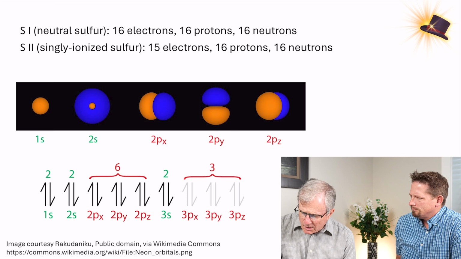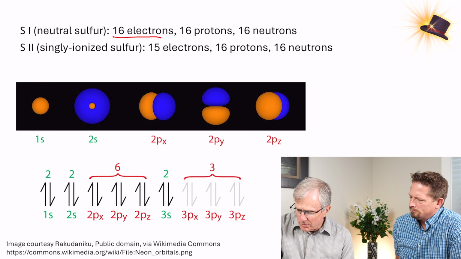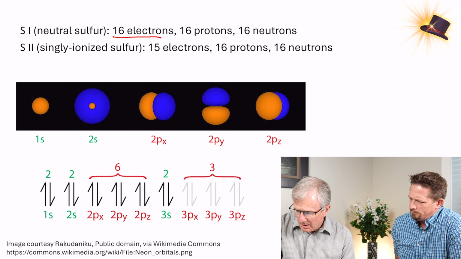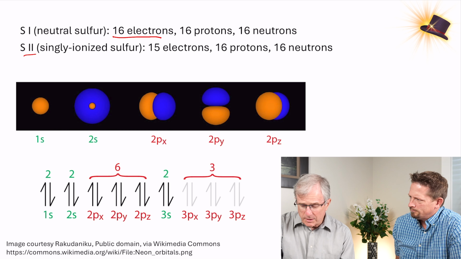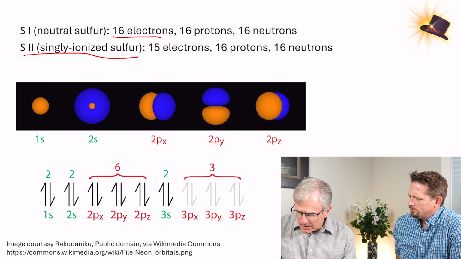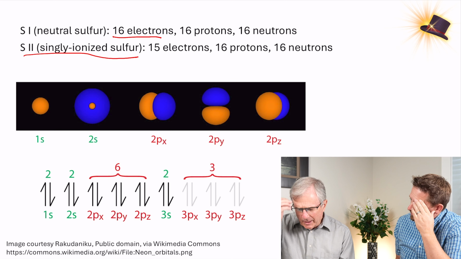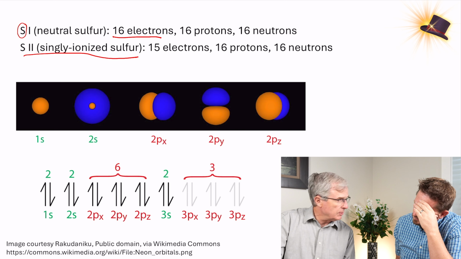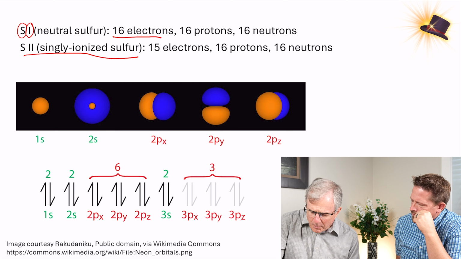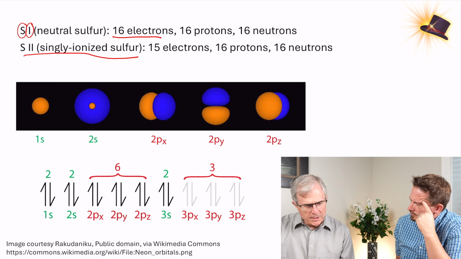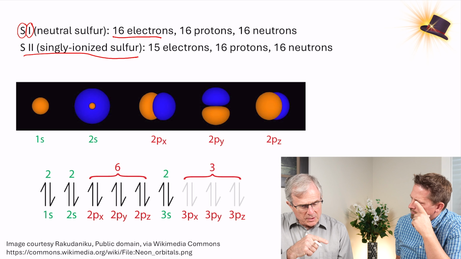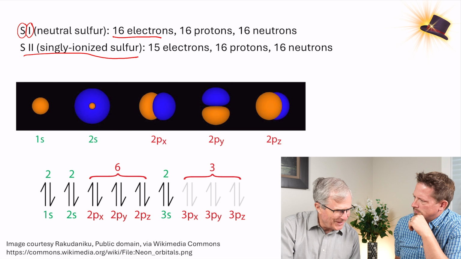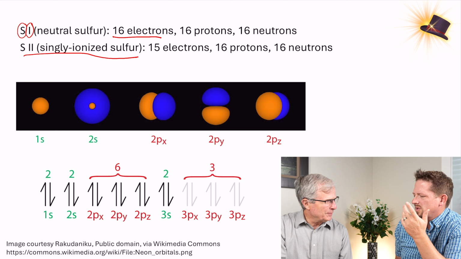Don't even shoot it. Sulfur is a more complicated atom. It has 16 electrons, 16 protons, 16 neutrons, and I'll try to go through this pretty quickly because it's essentially more of the same. I haven't mentioned this yet, but the chemical symbol S denotes sulfur, and if you put a Roman numeral 1 after it, in spectroscopy and in astronomy, S1 means neutral sulfur.